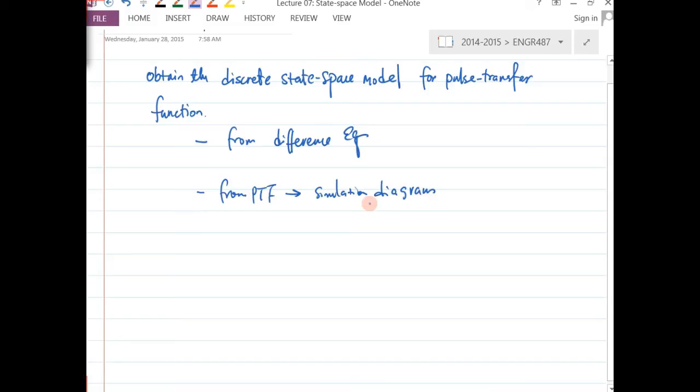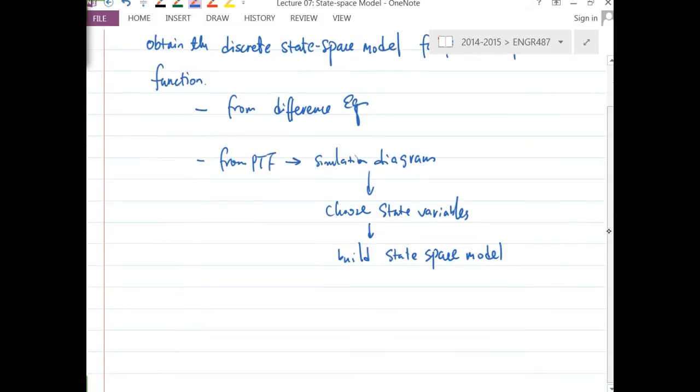Then, based on the diagram, we can choose the state variables, and then we build the state space model. So this is what we're going to look at today.